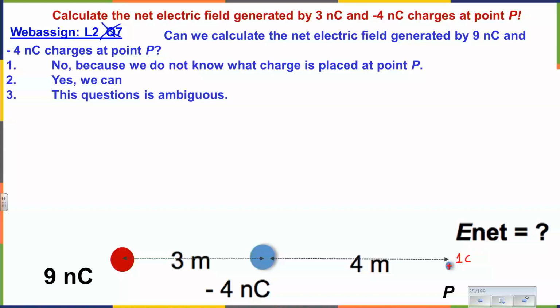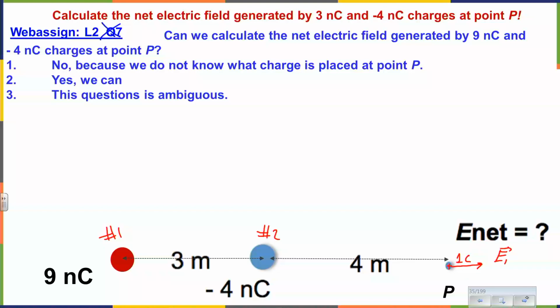So how would it look? Well, let's call it number 1, number 2. As we just said, electric field of a positive charge points away from that charge. So right here I should draw an arrow. I should call it E1.